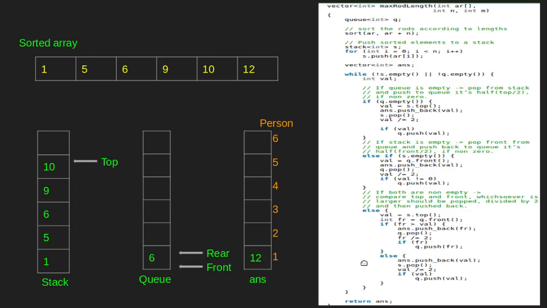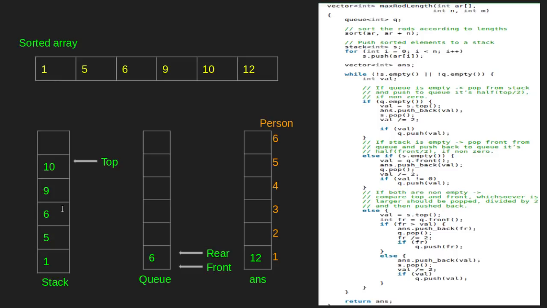Now, for the second iteration, both stack and queue are not empty. Thus, we'll compare the top and front elements. Whichever is larger will be popped, divided by 2 and pushed to the queue. Here, 10 is larger than 6. Thus, we'll pop it and push 5 in the queue.